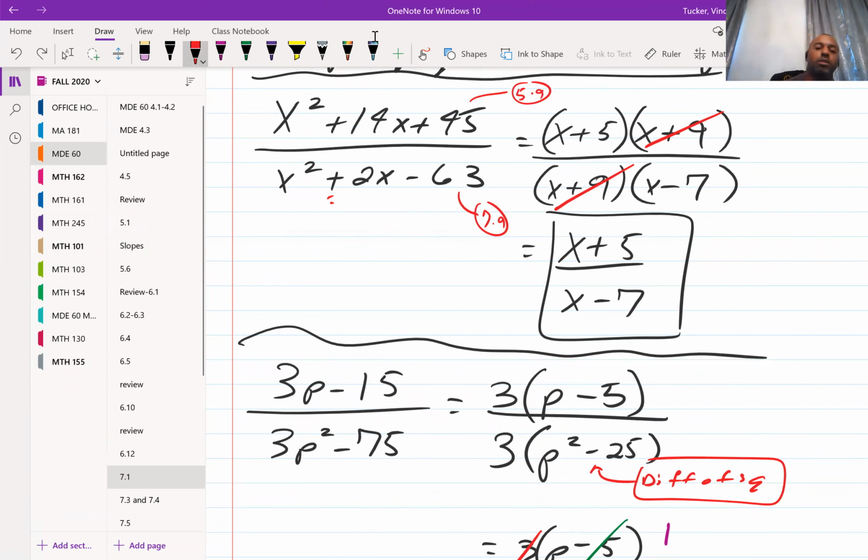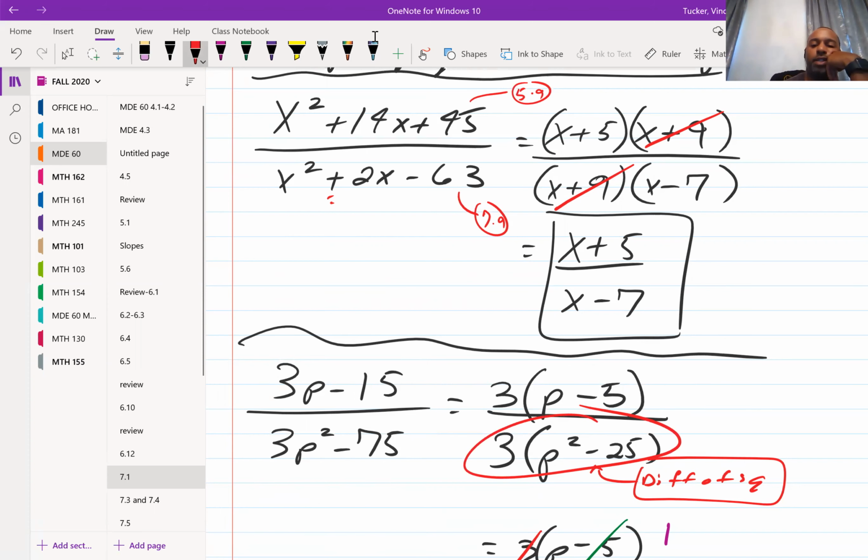All right. So the next one, 3p minus 15 over 3p squared minus 75. So remember we said that the first thing you want to do is to factor out the GCF if possible. So in this case, you see that we can factor out 3 from each expression. That'll give us 3 times p minus 5.